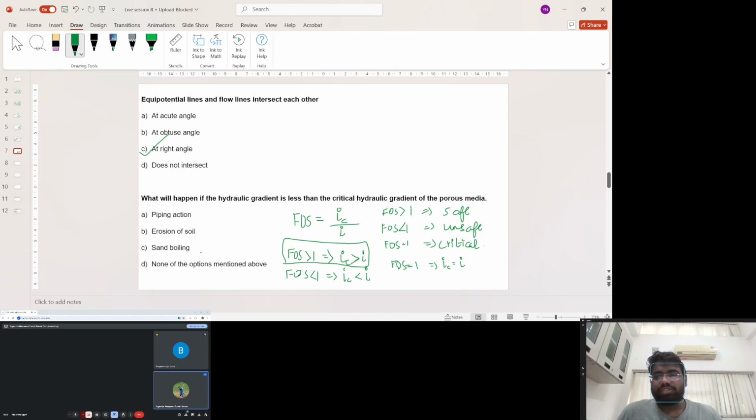So none of this sort will occur, hence none of the options mentioned above. Now if IC is less than I, then the quicksand condition and piping action might start, would have occurred. And if it is equal to 1, that is the case where it will trigger the action.